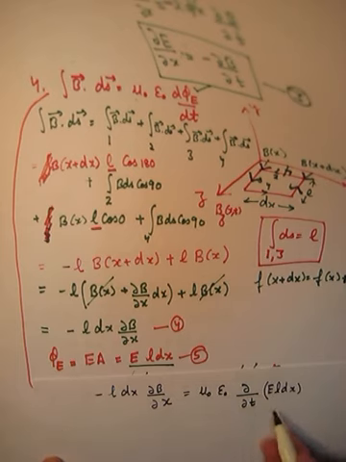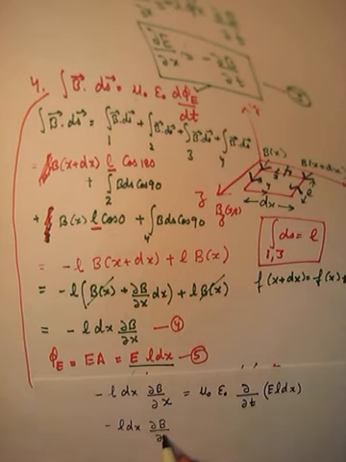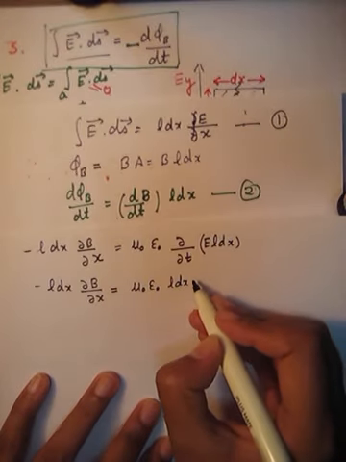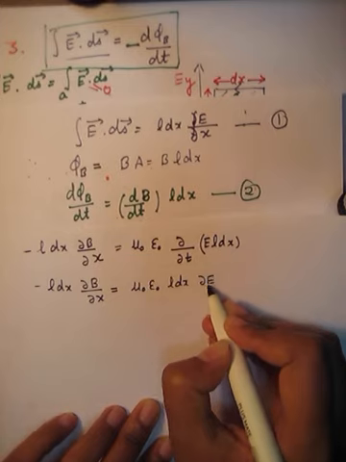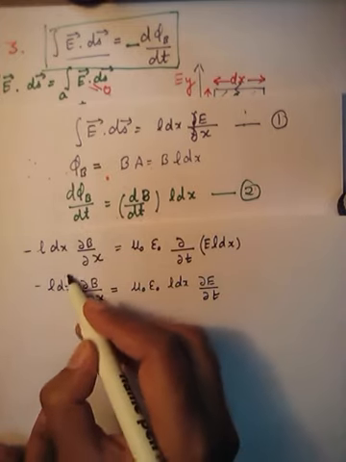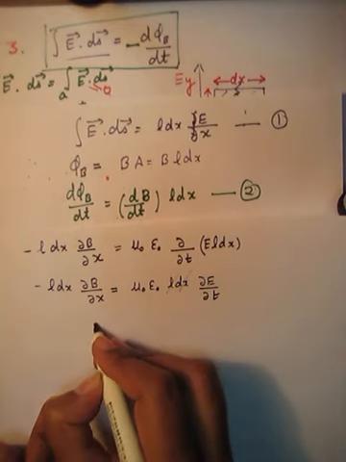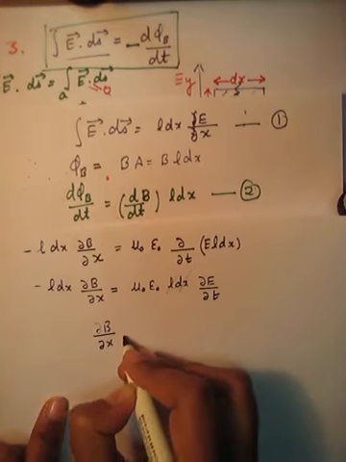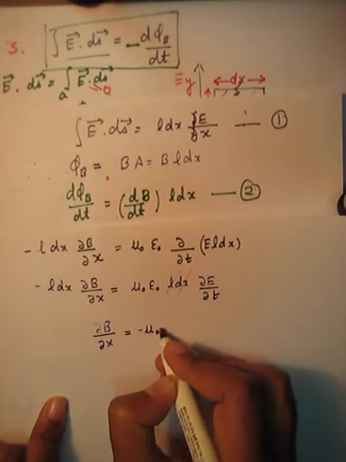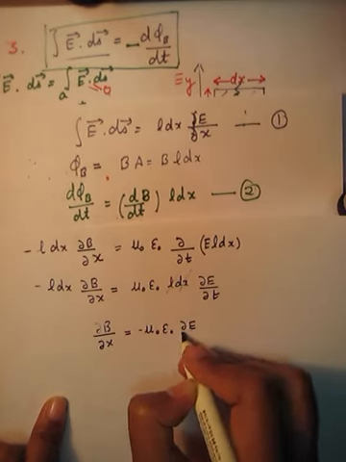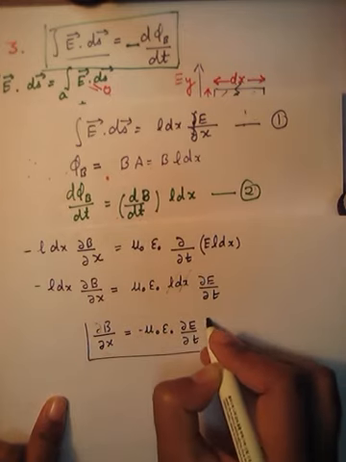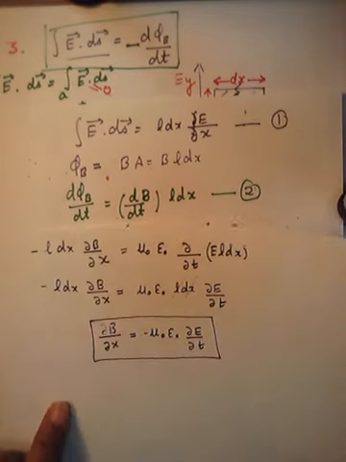So this equation turns out to be minus L dx ∂B/∂x is equal to mu naught epsilon naught L dx ∂E/∂t. So we can get rid of L dx, and what we are left with is ∂B/∂x is equal to minus mu naught epsilon naught ∂E/∂t. So this is the final equation we get from the fourth Maxwell's equation.